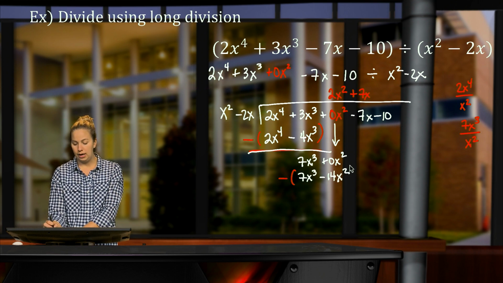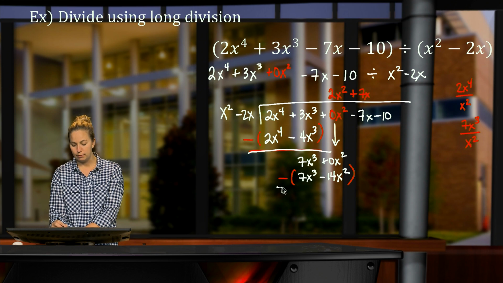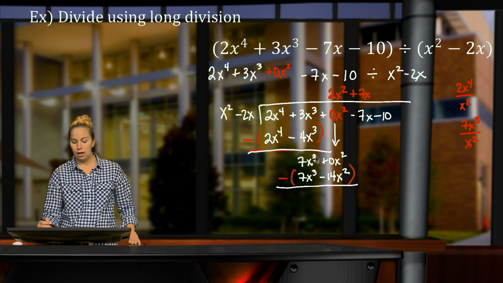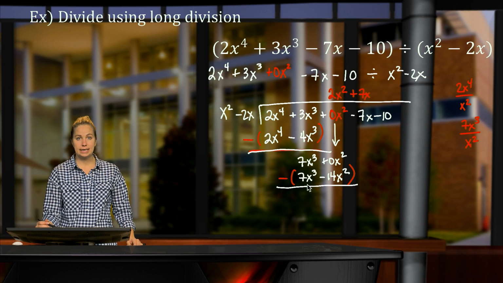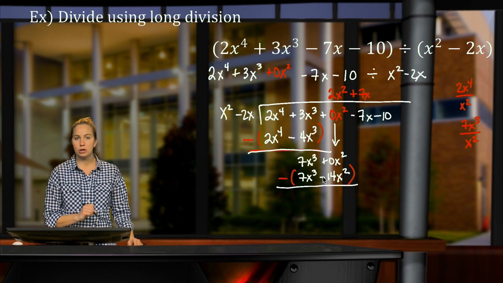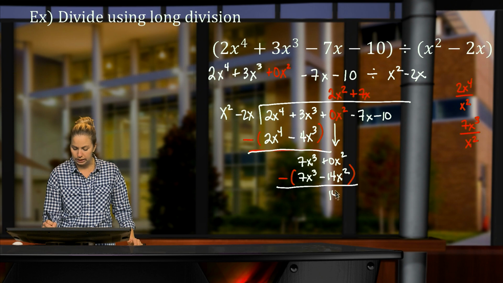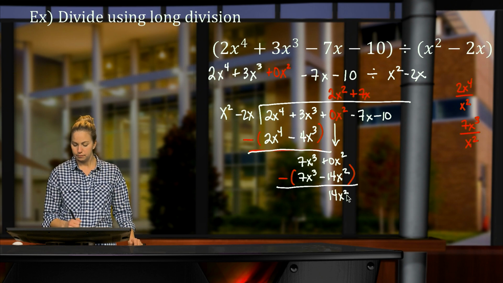I'm subtracting the whole thing, so I'm including parentheses to remember to distribute. And now I've got 7x cubed minus 7x cubed is 0. 0x squared plus 14x squared is 14x squared.